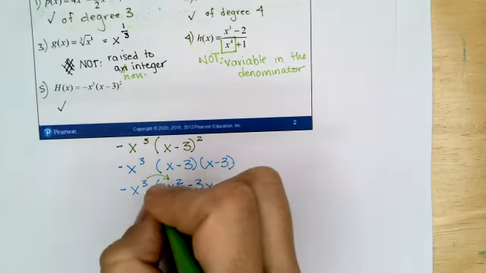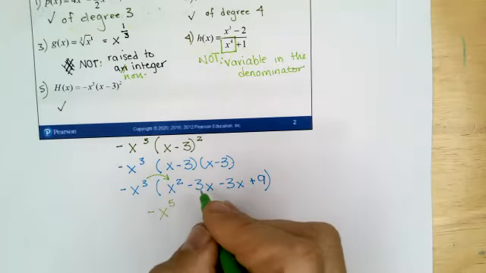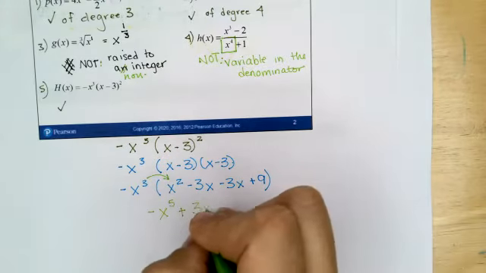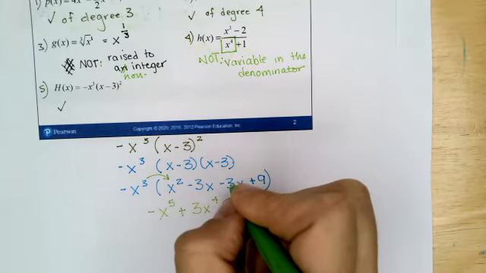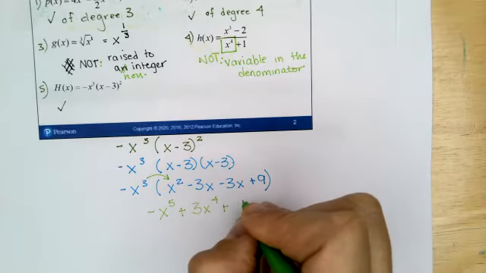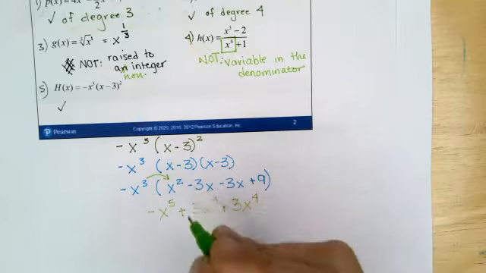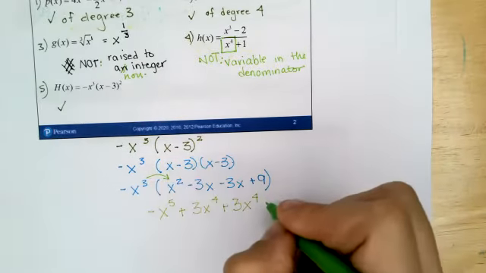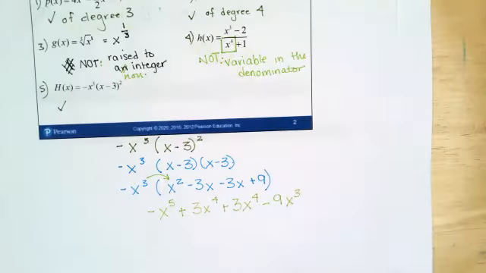We're going to keep the base the same and add the exponents. Negative x cubed times a negative 3x, those become a positive 3x to the 3 plus 1, which is 4. Negative x cubed times negative 3x, again, negative times a negative becomes a positive 3x to the 4th. You could have also added those before distributing. And then negative x cubed times a positive 9 just gives me a negative 9x cubed.